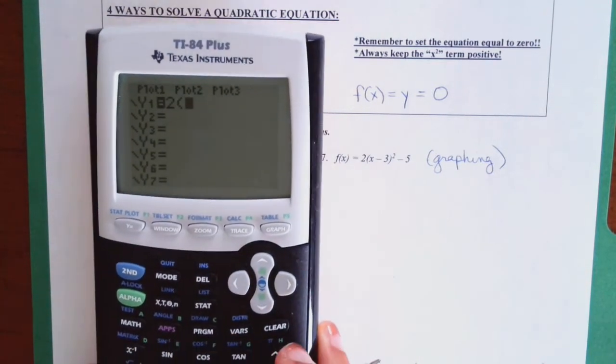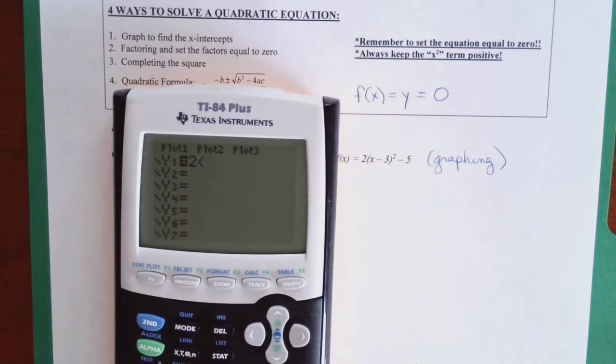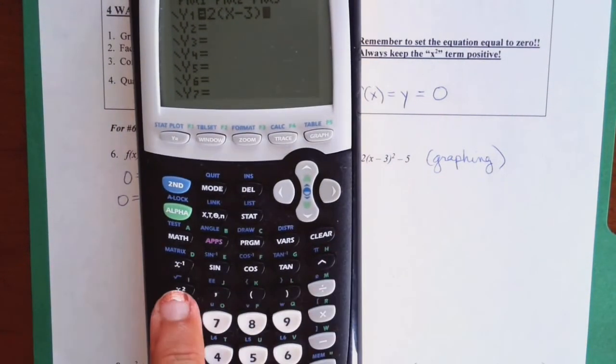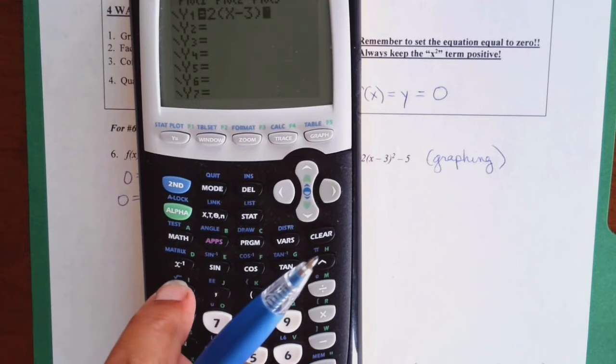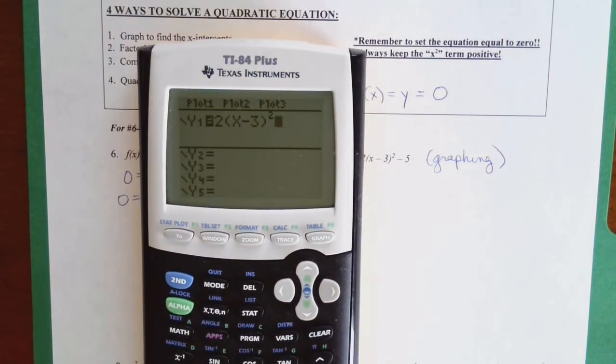Remember, x is this button right here. That's where you get your x. So x minus 3. Close your parentheses. Squared is right here, squared. And then minus 5. So make sure it looks like what it does on your paper.